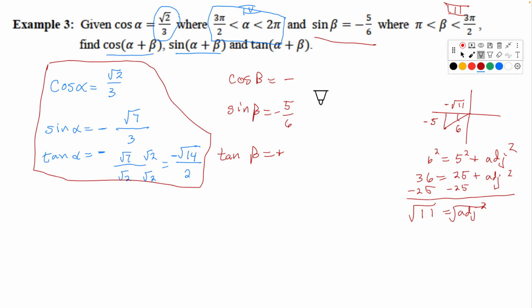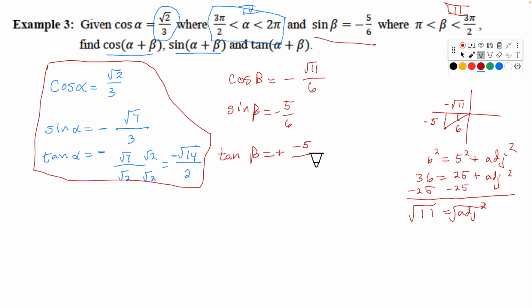So then we come back, cosine, and cosine is adjacent over hypotenuse, right? Adjacent over hypotenuse. So that's going to be square root of 11 over 6, and it's negative from that. Okay, good. Tangent is opposite over adjacent. Opposite is -5.